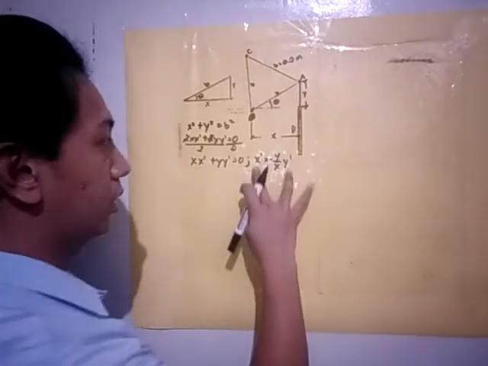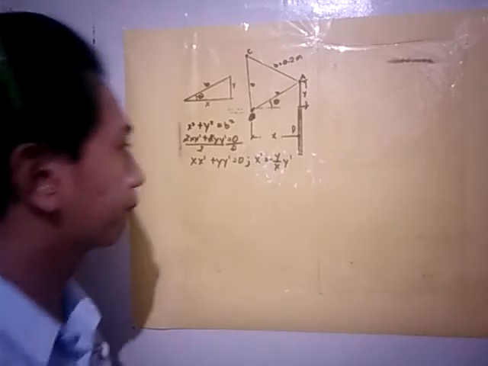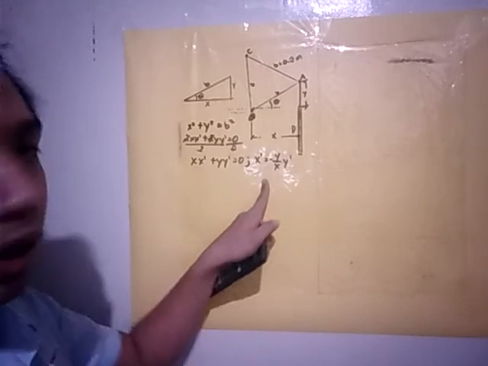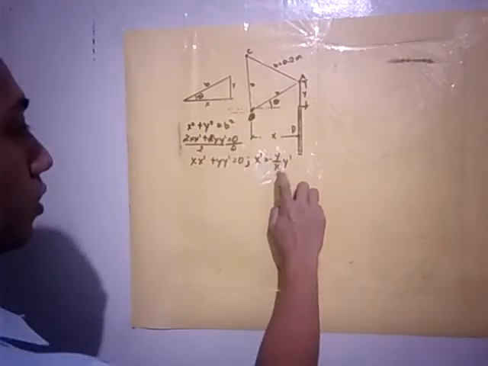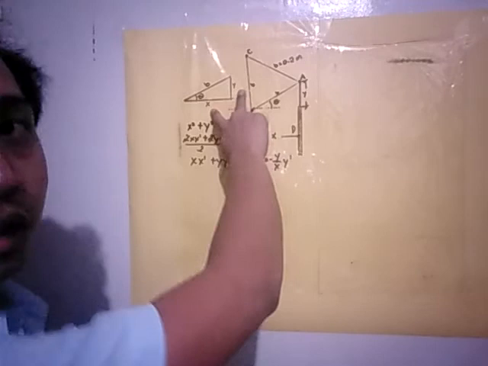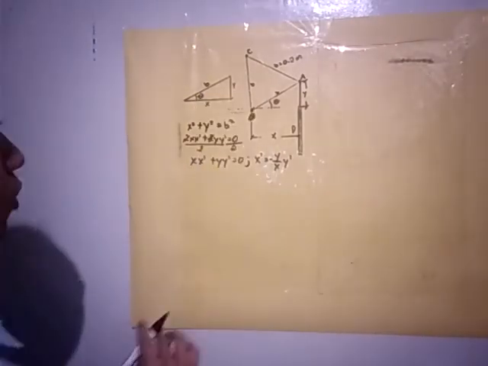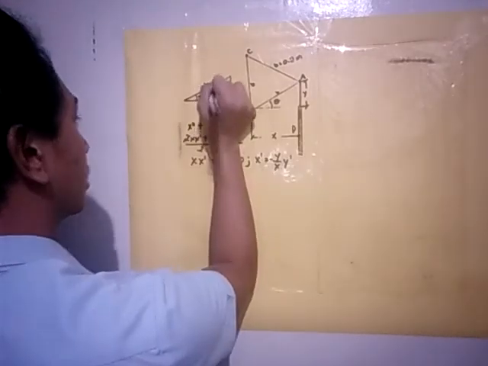I have an equation here, but I don't have values for y and x. I can get the values of y and x from our right triangle, because we have a value of theta, which is 30 degrees.